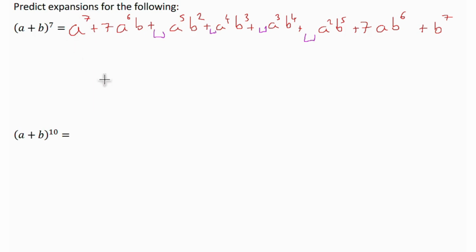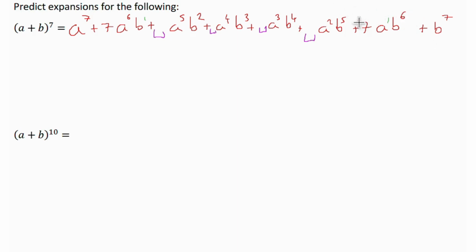So for example, it always starts with a to the 7, ends with b to the 7. You might have noticed the powers of a are decreasing as we go along each term. The powers of b are increasing as we go along each term. You might also have noticed that those powers, particularly if we write in those invisible powers here, makes it a bit clearer what's going on.